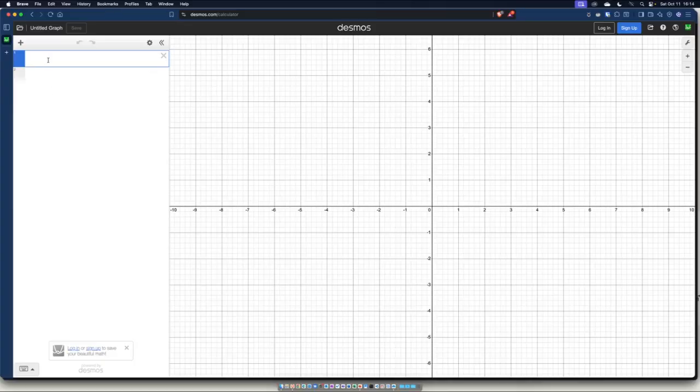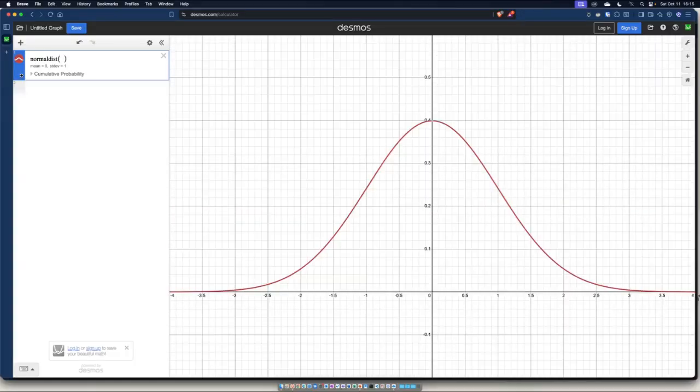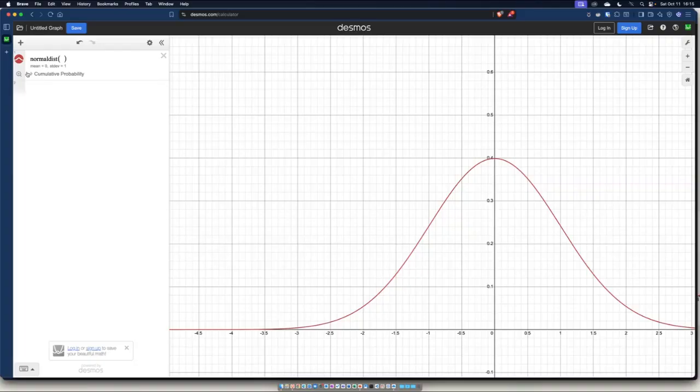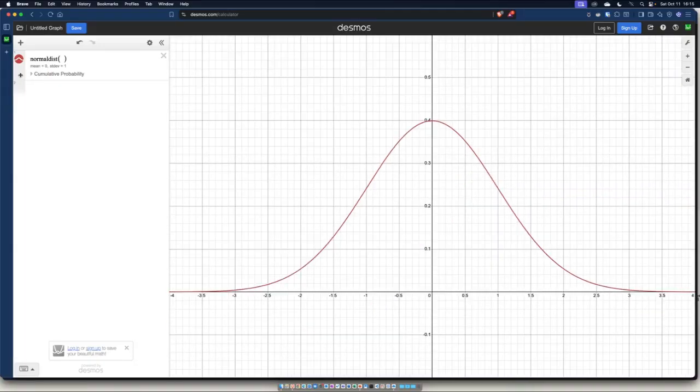So to create a normal distribution, we just type in normal dist, meaning normal distribution, and then you need a set of parentheses. The parentheses will come into play later. Then, did you see there was a magnifying glass right here? I could just click on the magnifying glass and it will zoom in to my normal distribution.